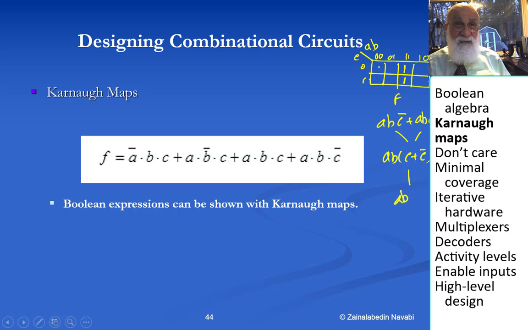When this reduction is done, I can go back and look at my Karnaugh map and say this: well, why didn't I realize this in the first place?